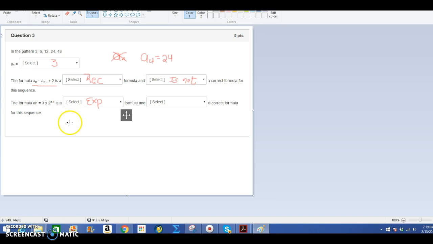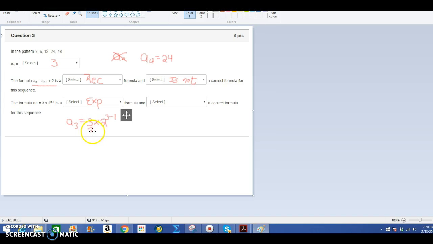So let's say I want to find out a sub 3. So I want to find the third term. My formula tells me that I should take 3 and multiply that by 2 to the n, and in this case my n is 3 minus 1.